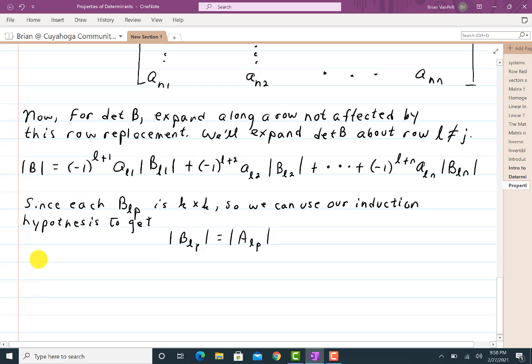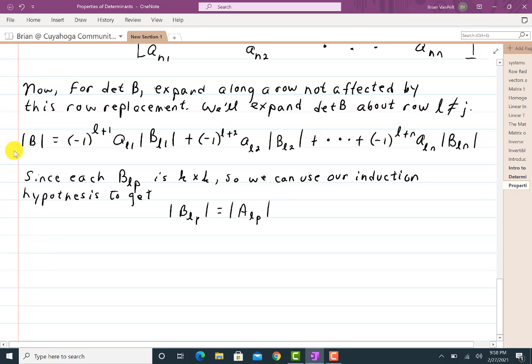That's by the induction hypothesis, the determinant for n equals k, and what we're assuming was the determinant was unchanged. Now, with that in mind, I can go back up here and replace these B_L somethings with A_L somethings.